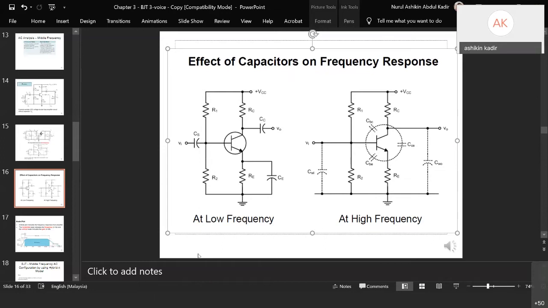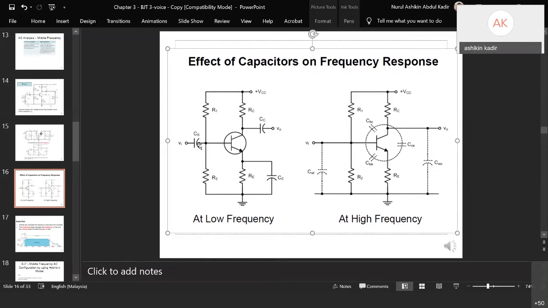During mid-frequency analysis, what you did is to open circuit all your capacitors. And now we're going to learn how the capacitors give effect to our circuit.